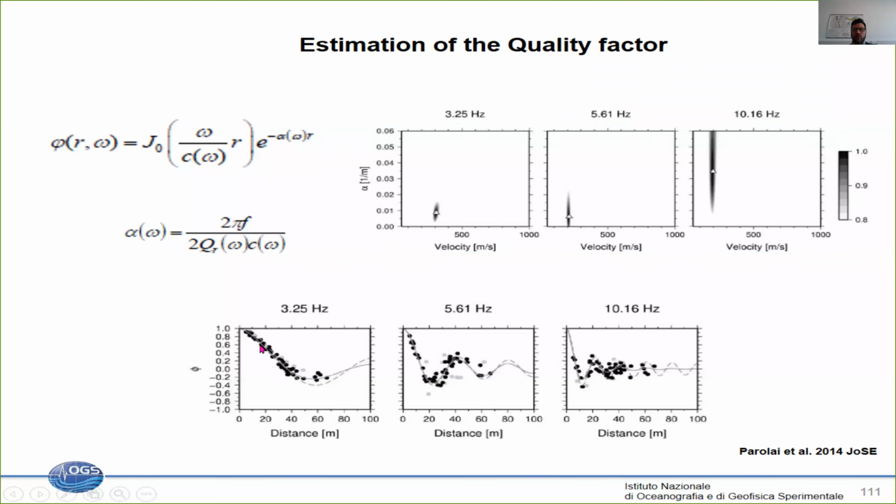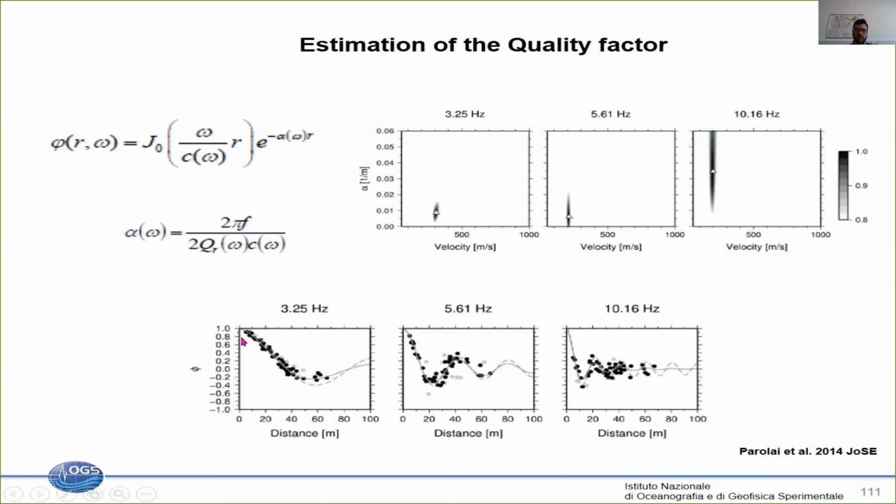In this case, we will test many Bessel functions for each combination of distance and for each frequency, for different phase velocities, like we have done last time, but also for different factor alpha. So our grid search will not be anymore only a function of velocity, but a function of velocity and of the attenuation coefficient.